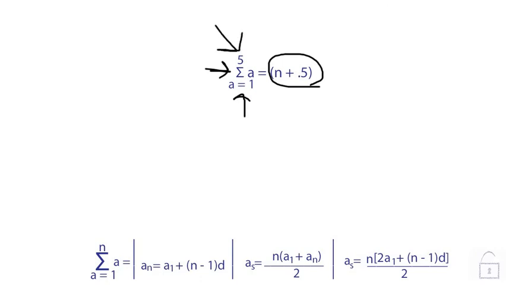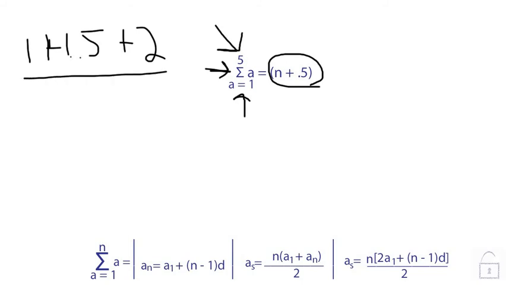Alright, so let me show you something. So you have 1, then we'll have 1.5, then we'll have 2. Alright, so now each of these has a number.